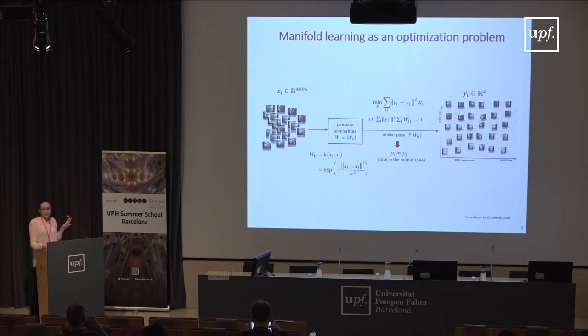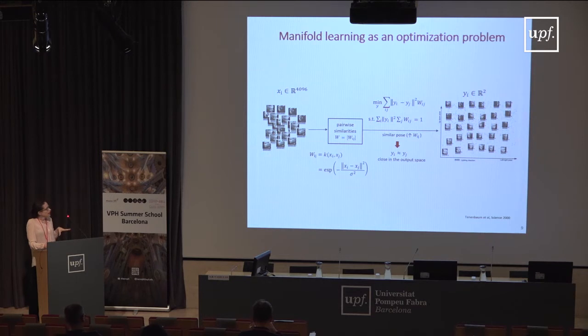This similarity could be learned, but typically it is obtained by a kernel function. So a kernel function is just a mathematical function that has some nice properties and that measures the similarity between two individuals. For example, a typical choice is this one that I put here. It's the radial basis function with the Euclidean distance.